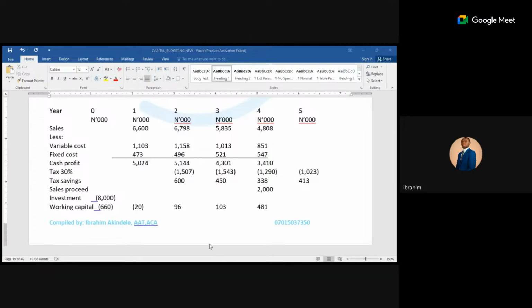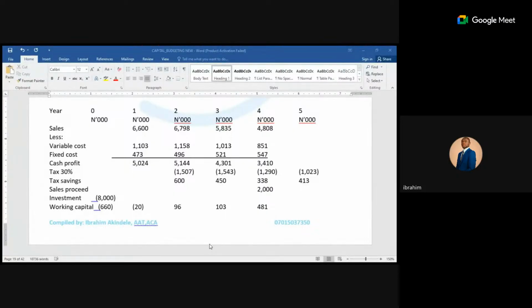Sales proceed is on capital gains, it is an asset. So you don't need to put your sales proceed after your variable cost. No. Sales proceed is capital gains. That is why you see that we didn't charge tax on it.